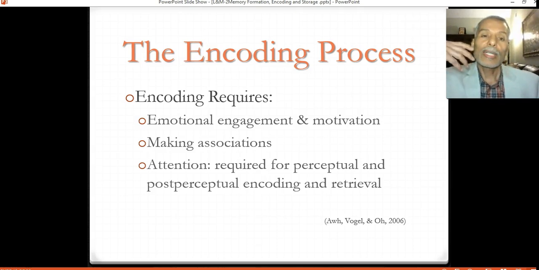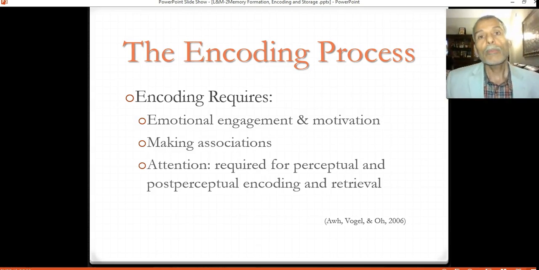And that emotional engagement is going to create the motivation. And the motivation is going to cause you to have goals. Why am I doing this? Or I would like to do this. Once you have the goal, you have the motivation. You are going to build the goal. How do I get there? How do I achieve what I am motivated to achieve?